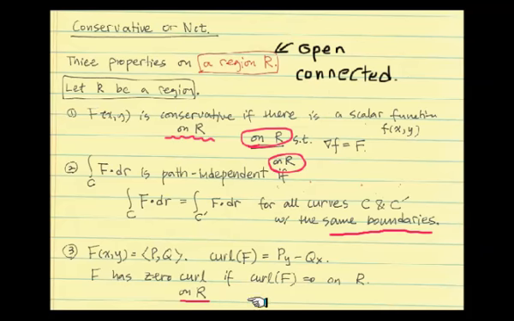When you change this R to something else, it might or might not change. Especially conservative is very sensitive, path independence could be sensitive, and curl 0 is not so sensitive. And that's probably the most confusing part. This curl is just a property of the local field.